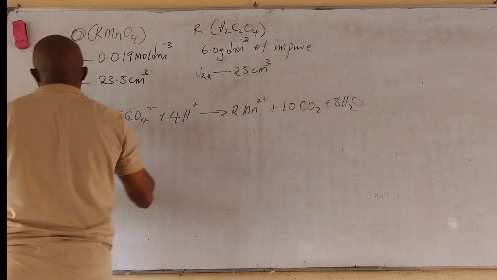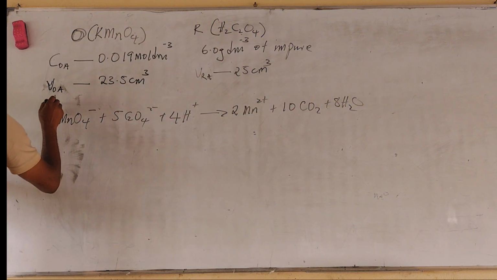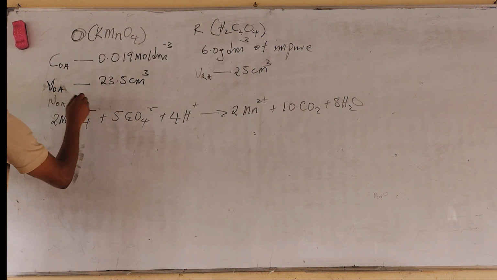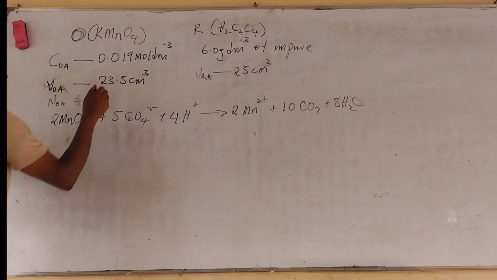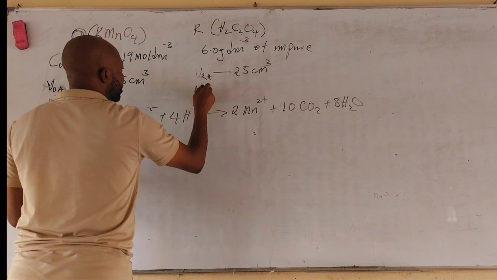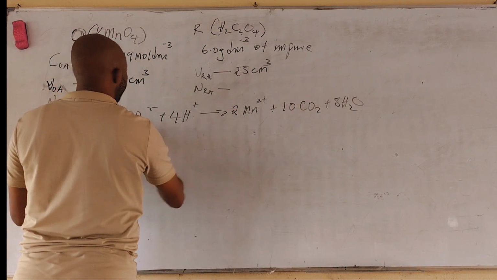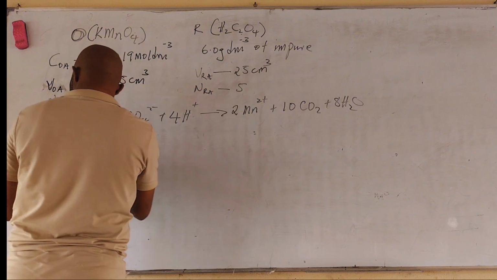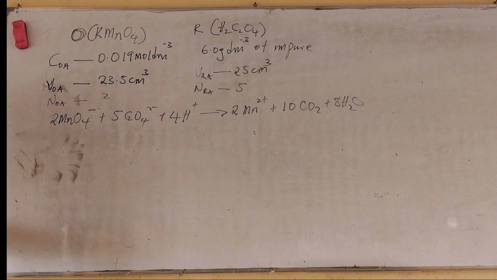So from here, we have the number of moles of oxidizing agent to be 2 and the number of moles of reducing agent to be 5. So I think that is all. Given 6 g of impure, 25 of ethanedioic acid, if the equation of reaction is given, calculate the percentage impurity of ethanedioic acid.